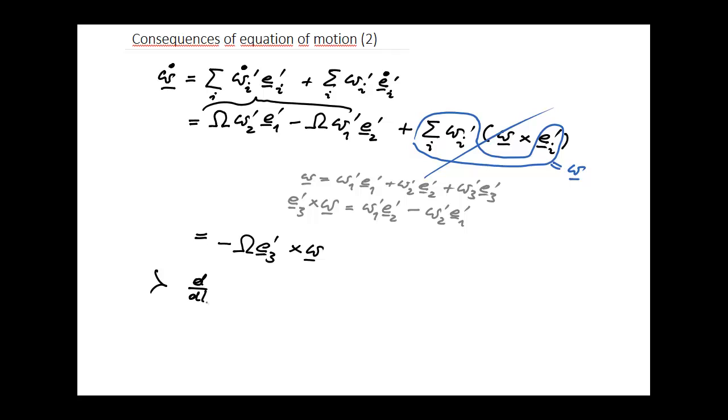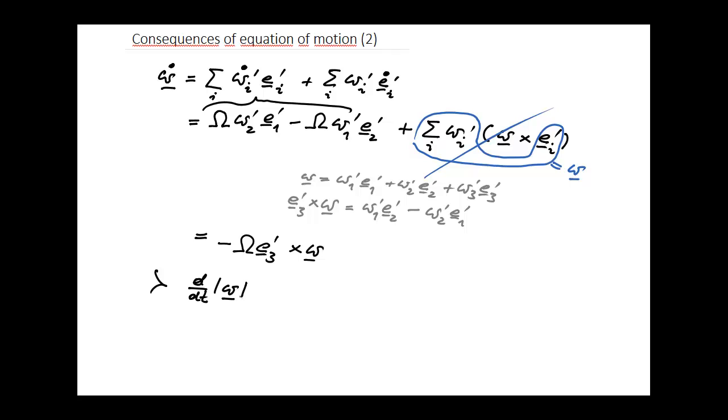And to see that, let's first look at the change in time of the length, the absolute value of the angular velocity vector. You can write it with the help of a scalar product. It's the square root of omega scalar product omega.